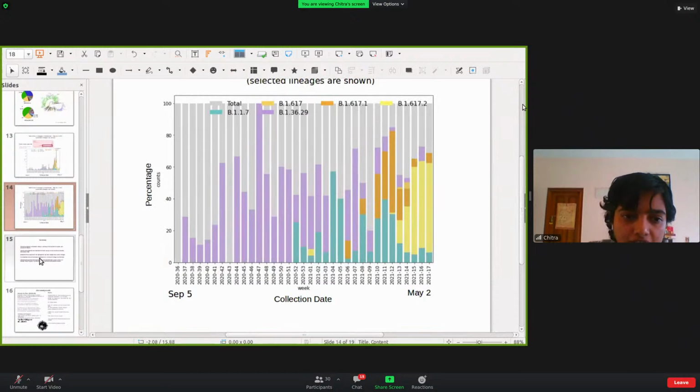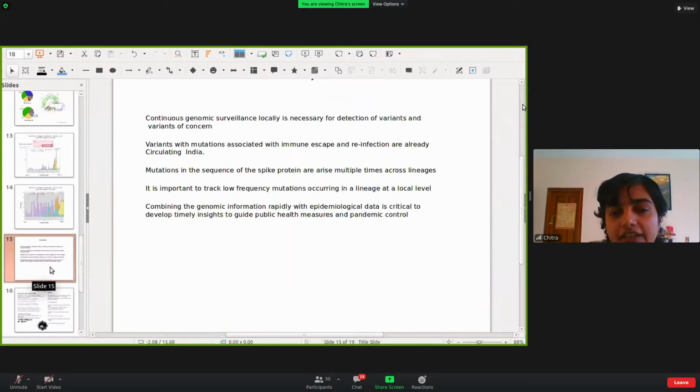This is more clear if you look at this as a percentage breakdown, and you can see the shifts in the lineages. So what that roughly tells us is that continuous genomic surveillance locally is necessary for detection of variants and variants of concern, which hopefully Vinod will talk about. And variants with mutations associated with immune escape and reinfection are already circulating in India. And mutations in the sequence of the spike protein, which I didn't talk about actually, can arise in any lineage. It is not restricted only to certain lineages.